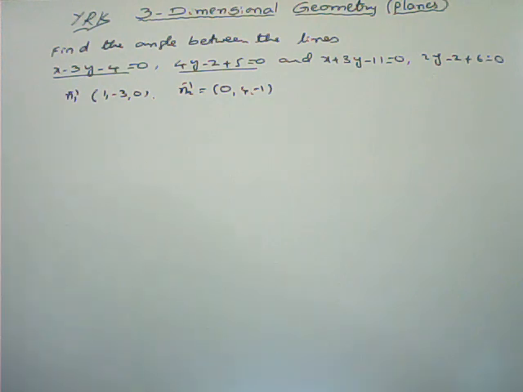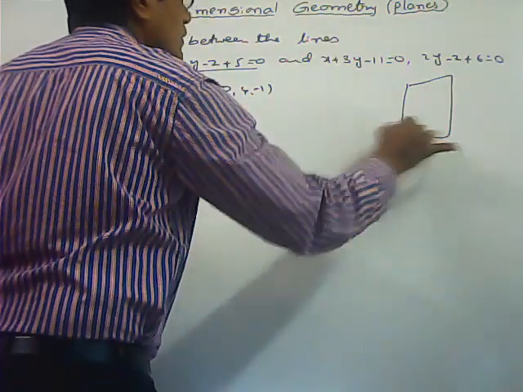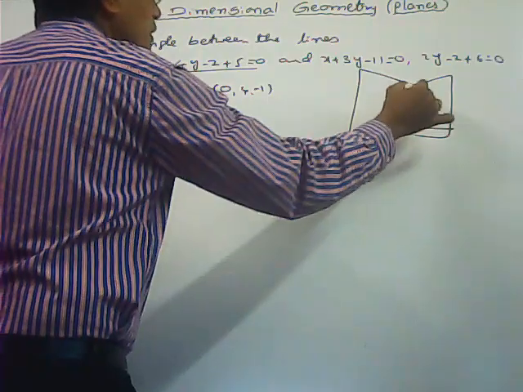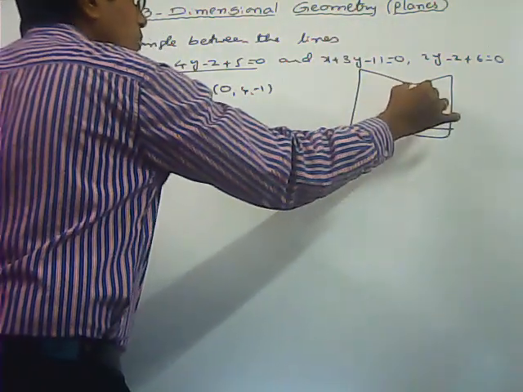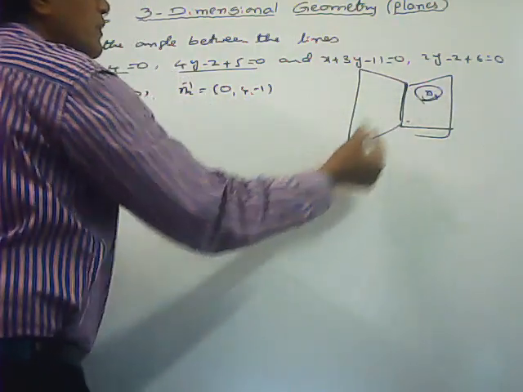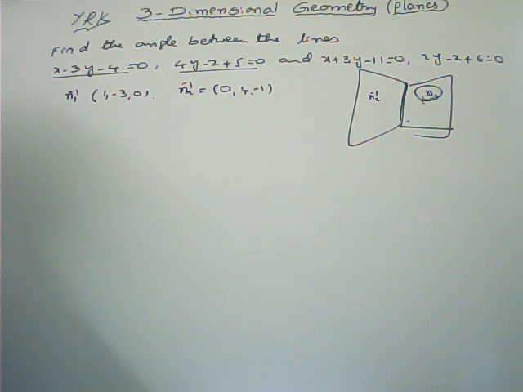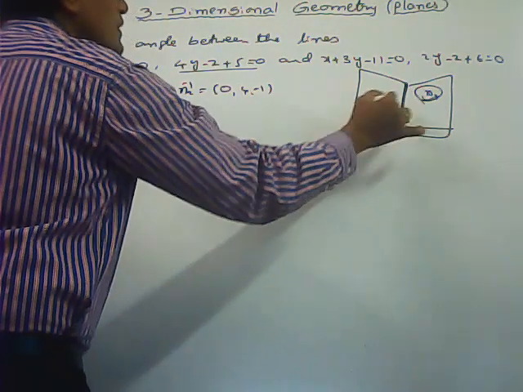I just told you that this line of intersection of the two planes is perpendicular to n1 bar, the normal vector of the first plane, and to n2 bar, the normal vector of the second. So what is the direction of this line?